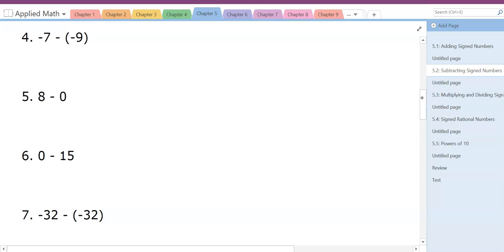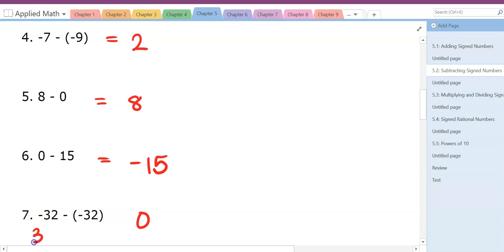So what's your answer for number 4? 2. Number 5? Just 8, right? 8 minus 0 would be 8. How about number 6? Negative 15. 7? 0.